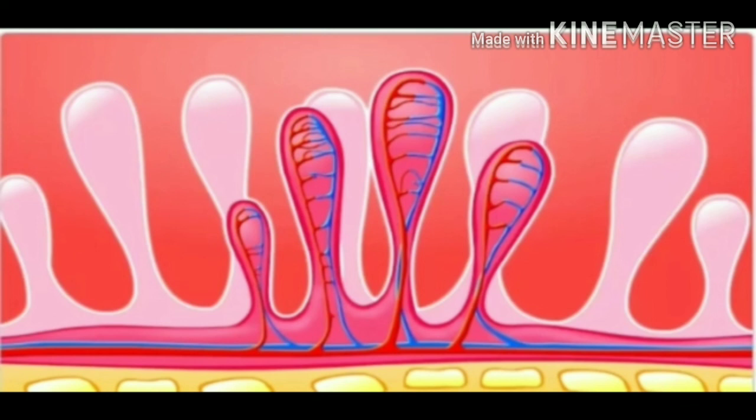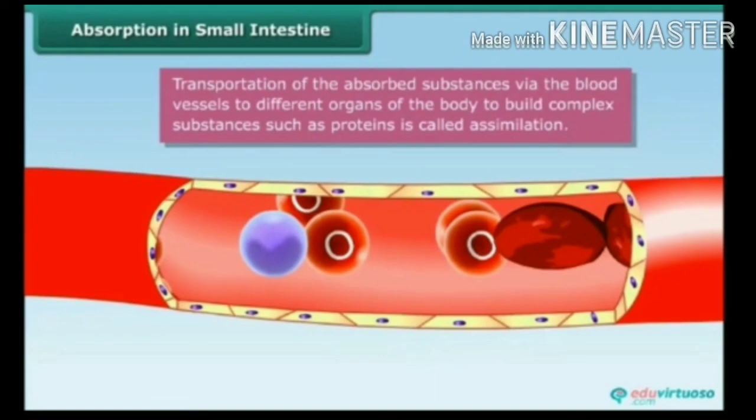The surface of the villi absorbs digested food materials, and it is transported to different parts of the body where they are used to build complex substances such as the proteins required by the body. This is called assimilation.